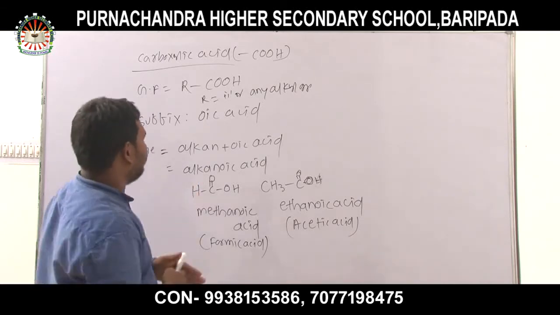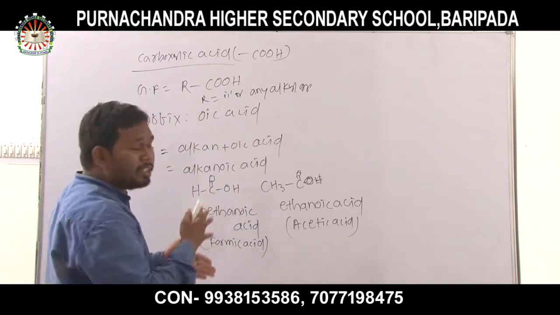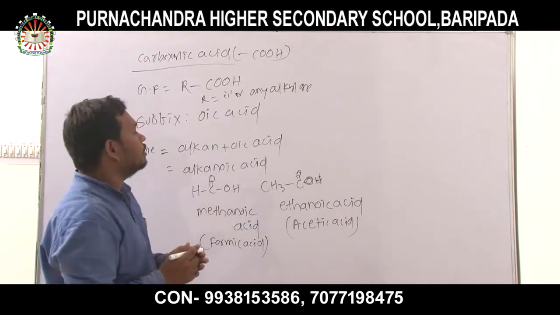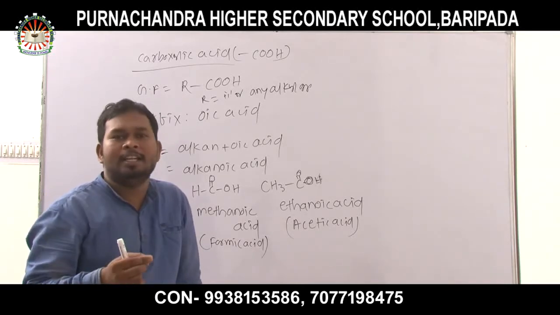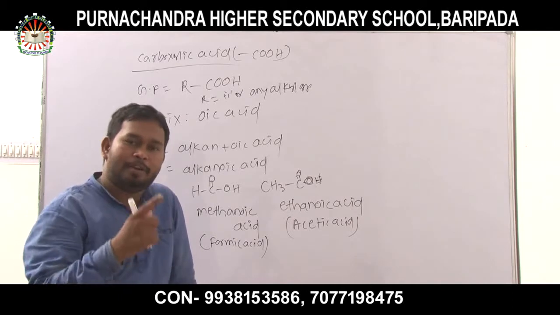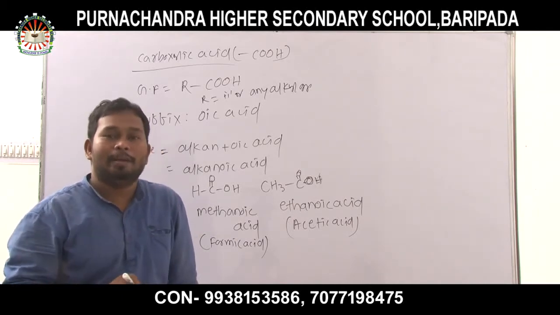Now, similar to the previous chapter, in carboxylic acid we first study the methods of preparation of carboxylic acid, then its properties. Properties are of two kinds: one is physical property, and the second one is chemical property.